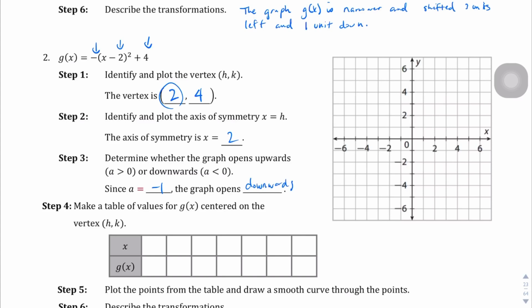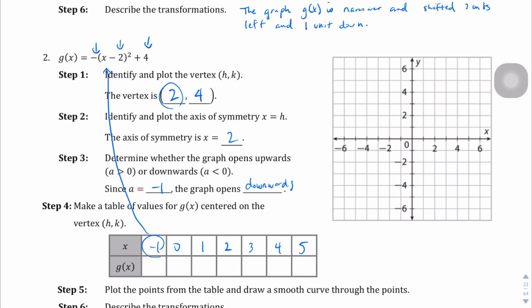And then let's make a table of values based on the axis of symmetry 2. So let's see. Let's do 1, 0, negative 1, 3, 4, 5. Okay, so when we plug in negative 1 into the function here, so again, we're plugging this into here. Negative 1 minus 2 is negative 3. Negative 3 squared is 9.